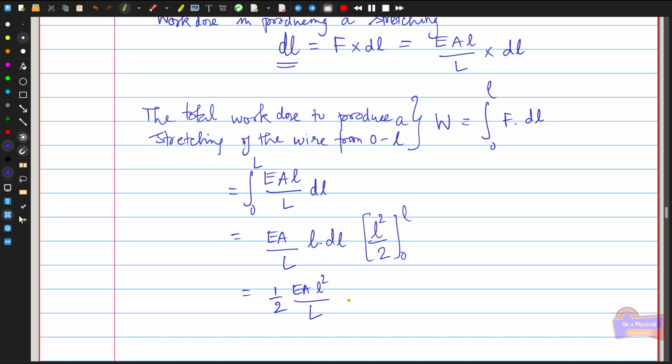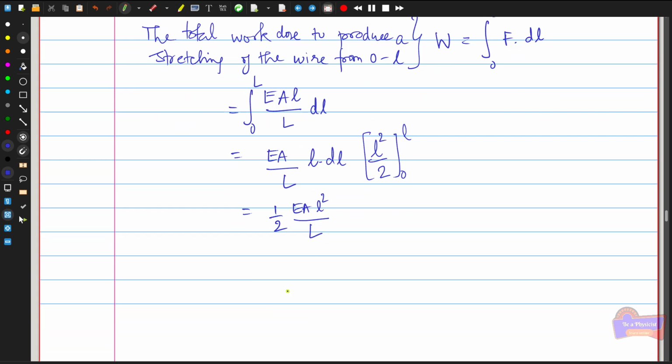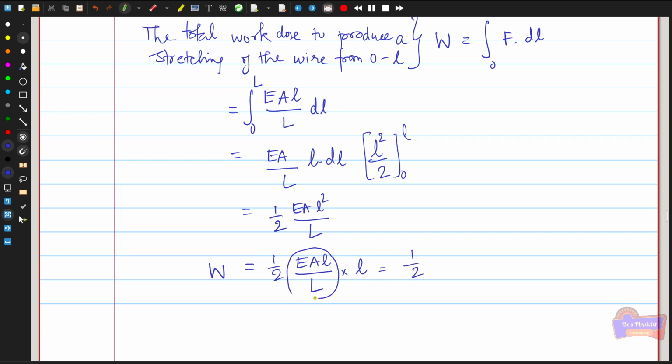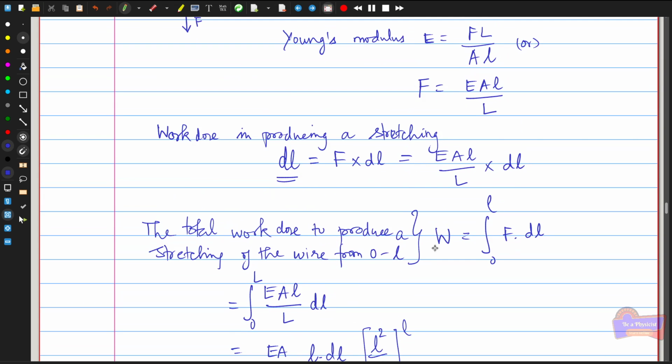So that is nothing but the total work done, W, which is equal to half EA l into l divided by L. This EA l divided by L, as you already know, is nothing but the force acting on the wire.